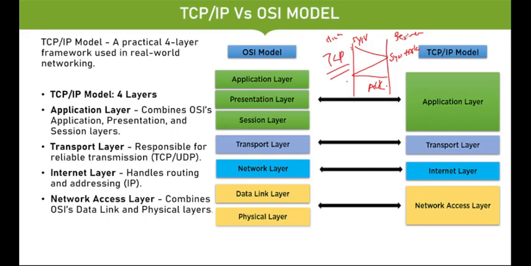Then a SYN plus acknowledgement message is sent back to the client from the server. Then the client sends back an acknowledgement to the server. This is known as the three-way handshake. That's why the TCP protocol is connection-oriented and reliable, because it has a connection between the client and the server while sending the data.